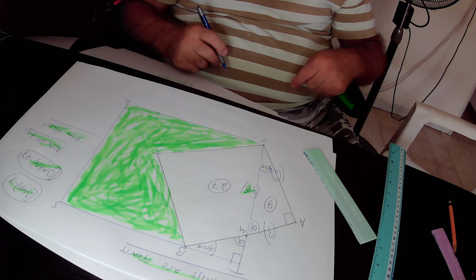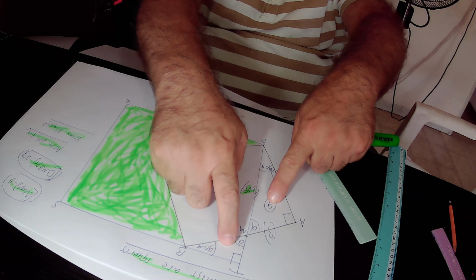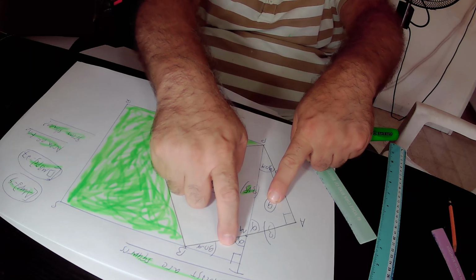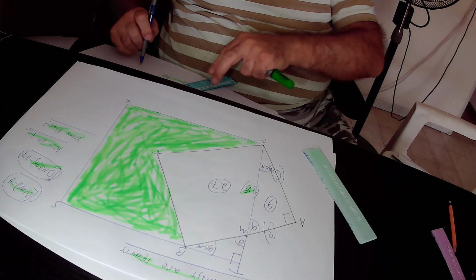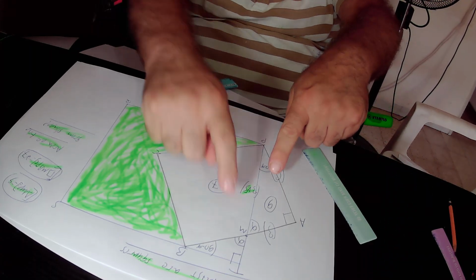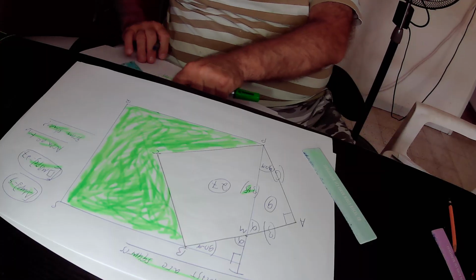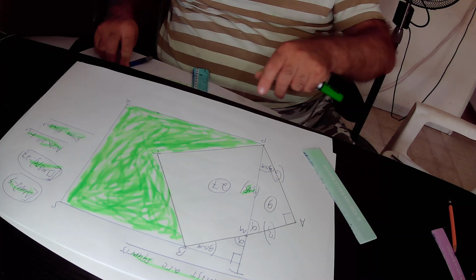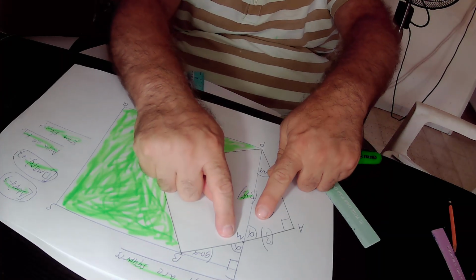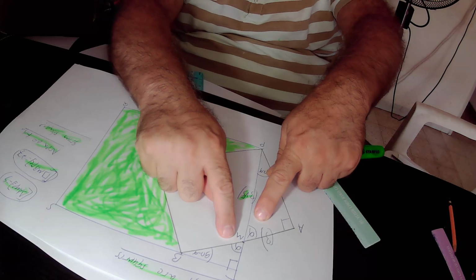It is very easy to see that those two right triangles are similar to each other according to the angle similarity rule. I will explain anyway why those two right triangles are similar. First of all, those two angles are both equal to alpha and therefore they are equal to each other.